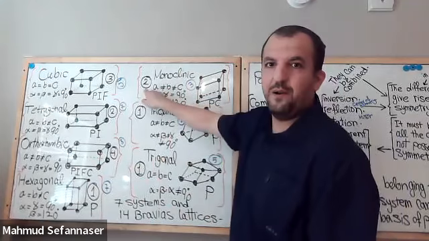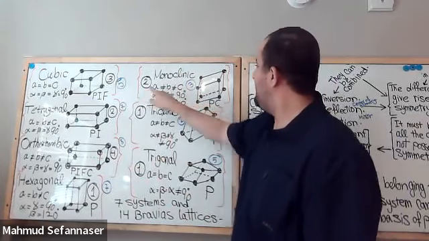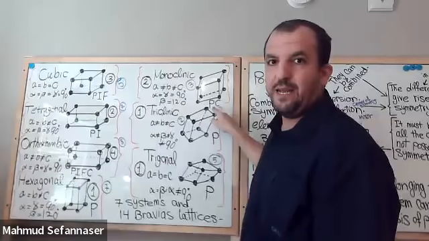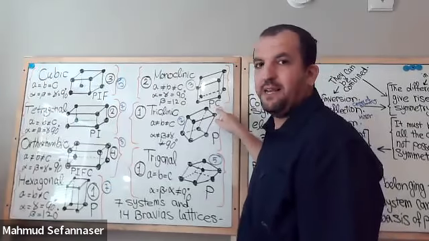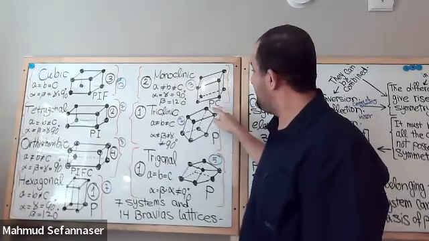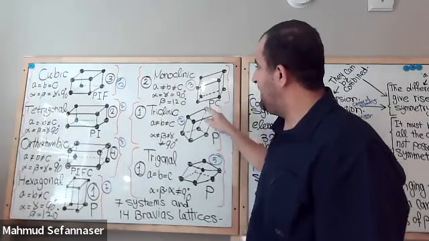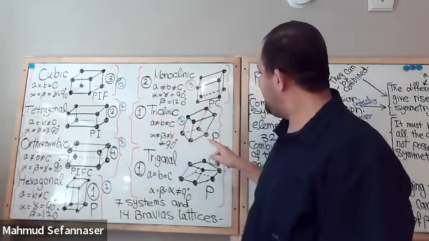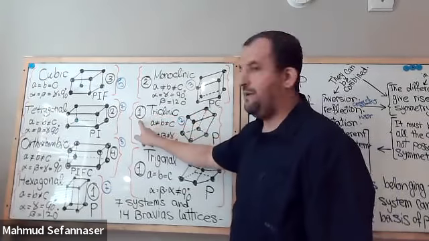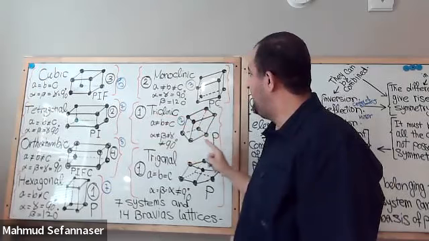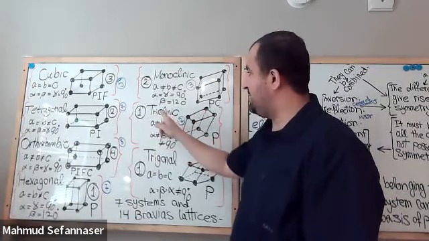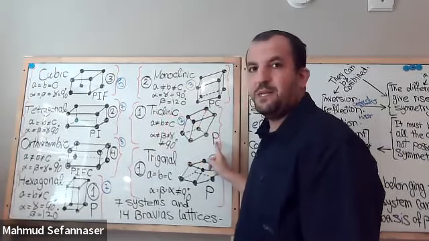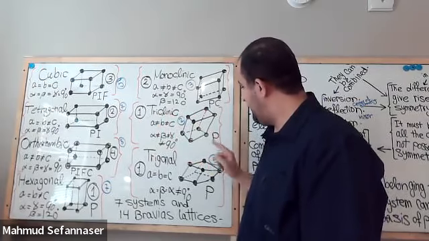So we have 2 Bravais lattices, we have simple monoclinic, and we have face-centered monoclinic. And if we are talking about the triclinic, you will see that we have just one Bravais lattice, and it is simple triclinic.